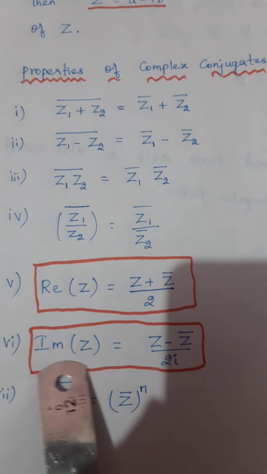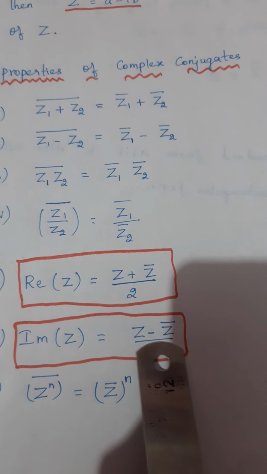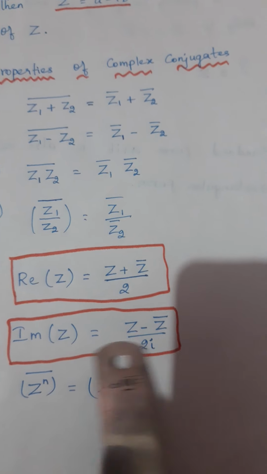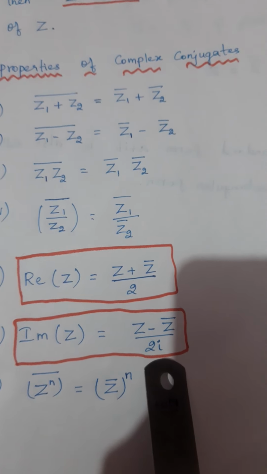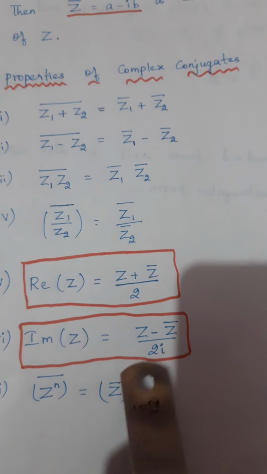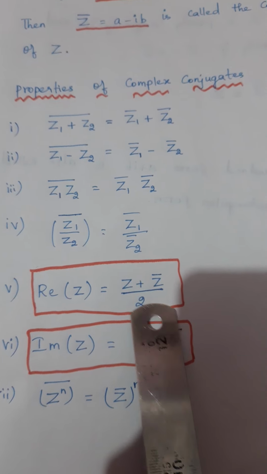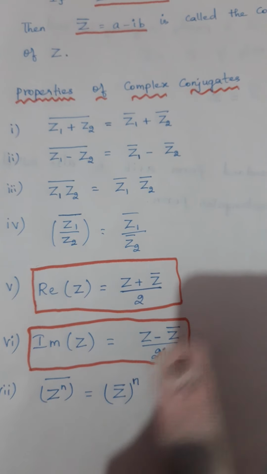Again, the imaginary part of z can be written as z minus z bar by 2i. Here it is 2, here it is 2i. For the imaginary part, 2i will come, with the minus sign in the numerator. For the real part, only 2, with the plus sign in the numerator.